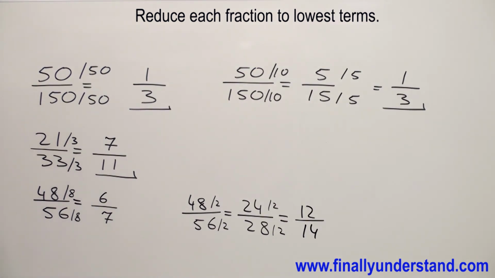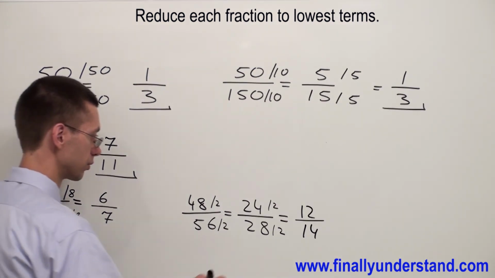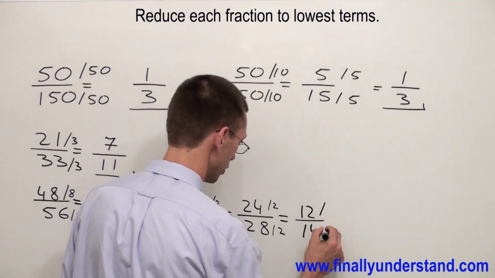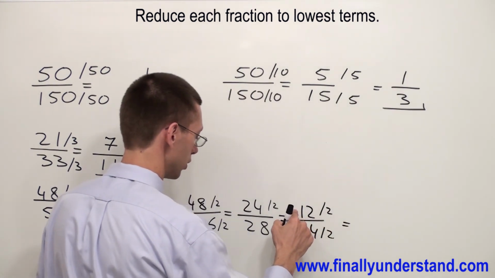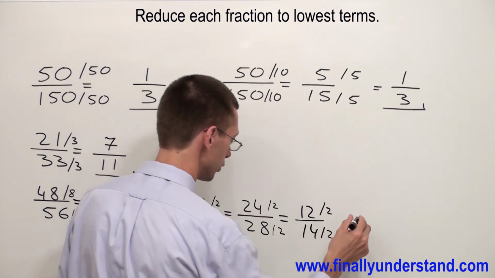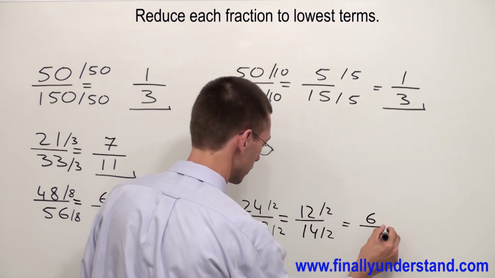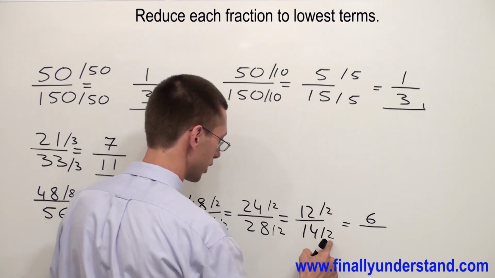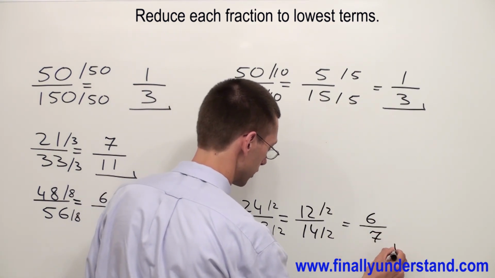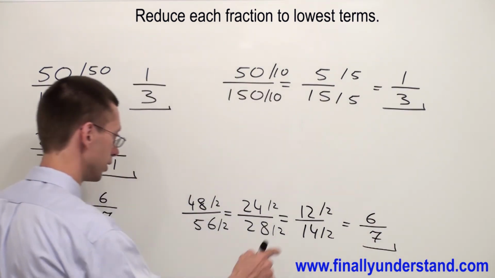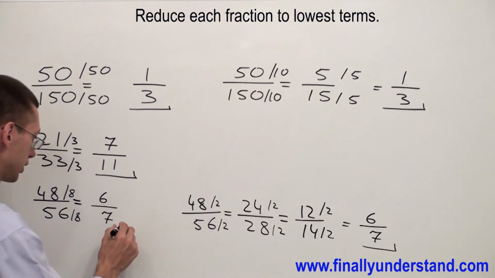Again, we got two even numbers. We said even numbers are divisible by 2. So 12 divided by 2 gives me 6. 14 divided by 2 gives me 7. This is the answer to my problem. 6 over 7.